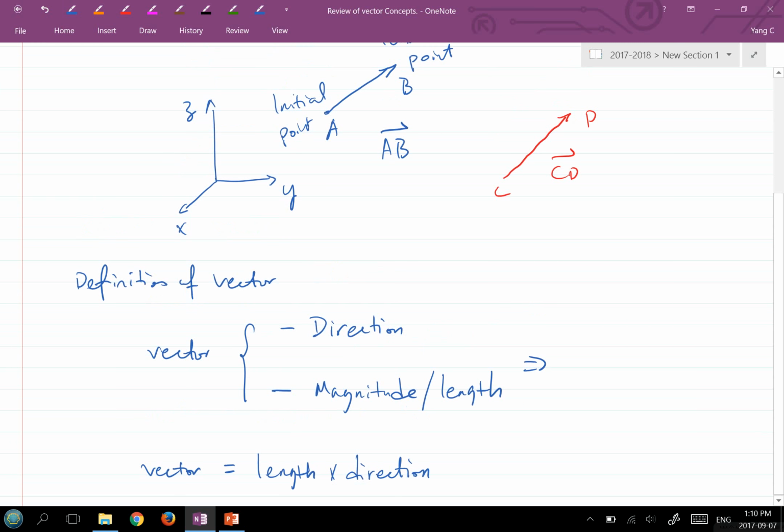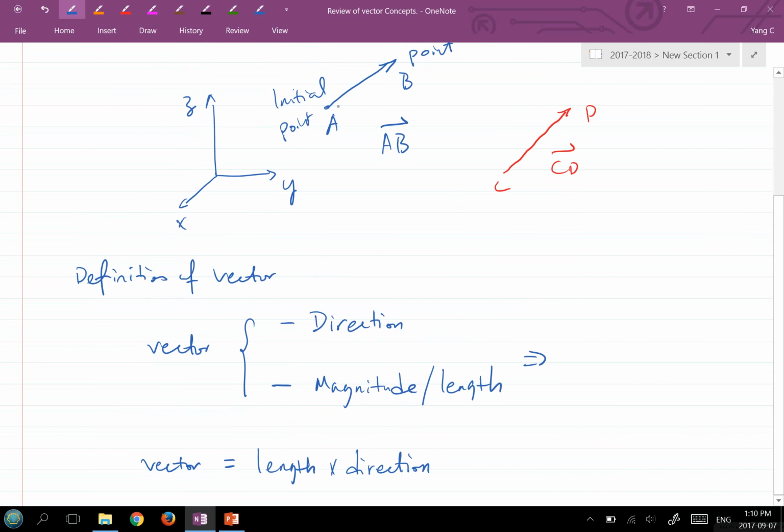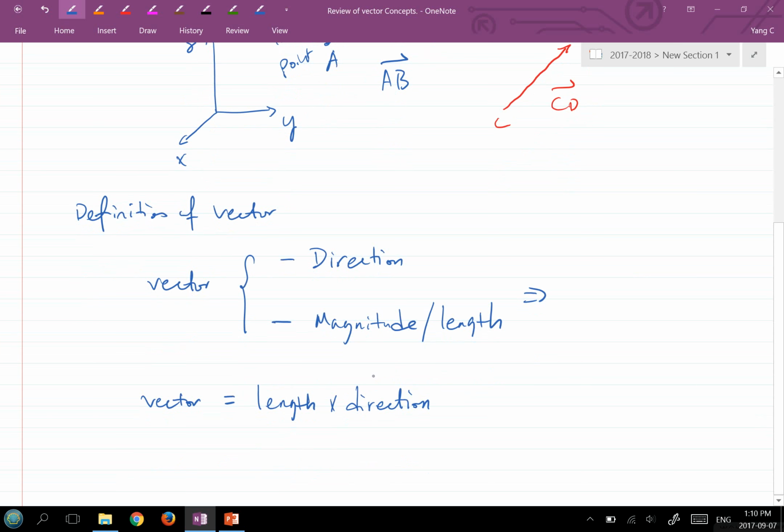AB and CD point in the same direction and have the same length, so according to the definition they must be the same vector. That brings down to a simple sentence for vectors: a vector is free. You can move it anywhere without changing its direction and length.